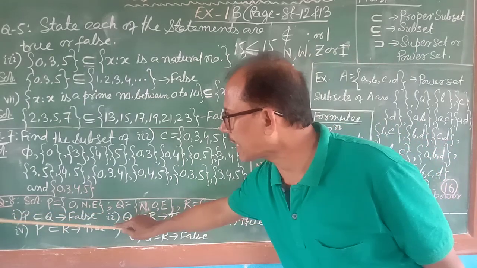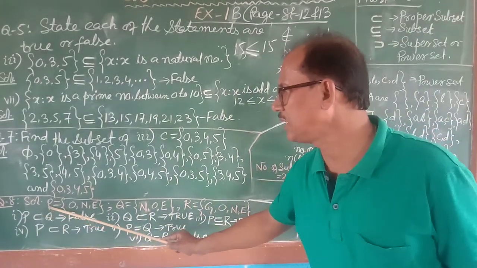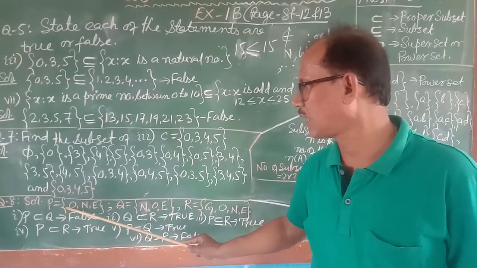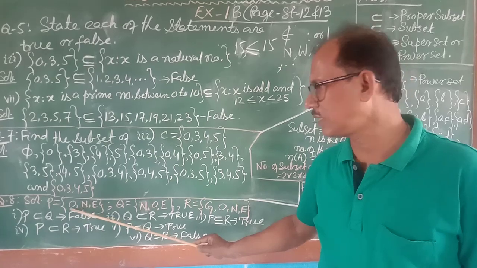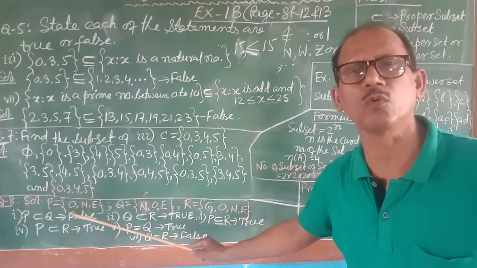I have taken question number 8 now, where a set P is given: P is the set of x such that x is a letter in the word ONE.